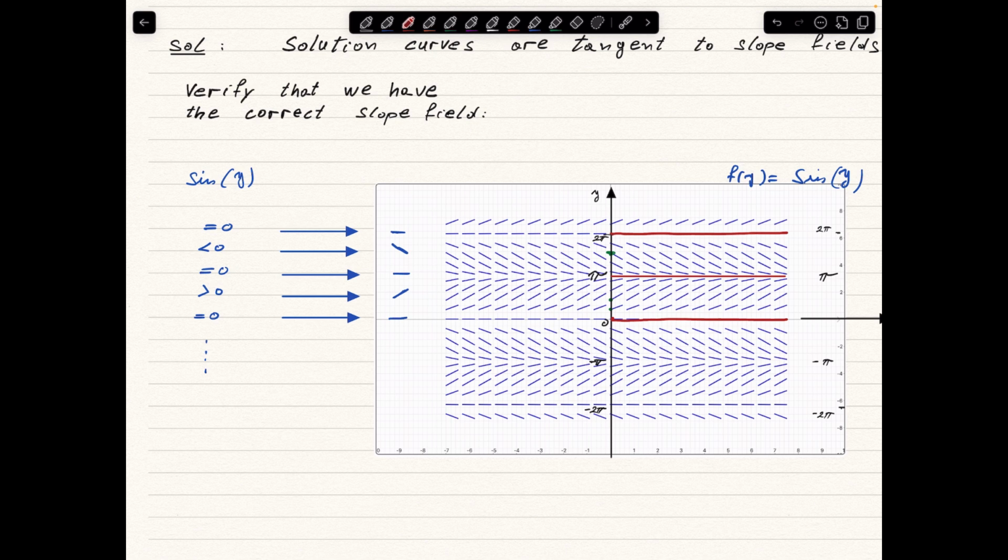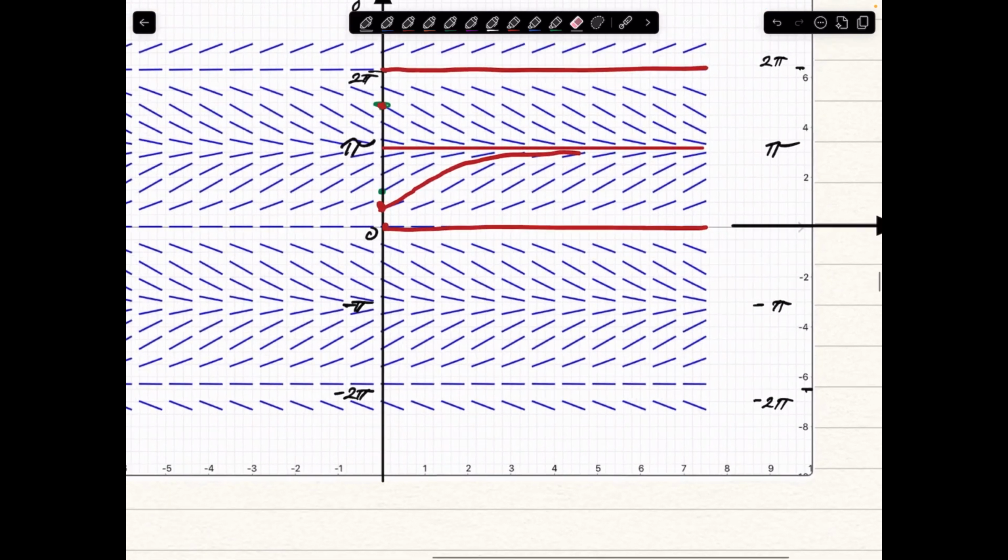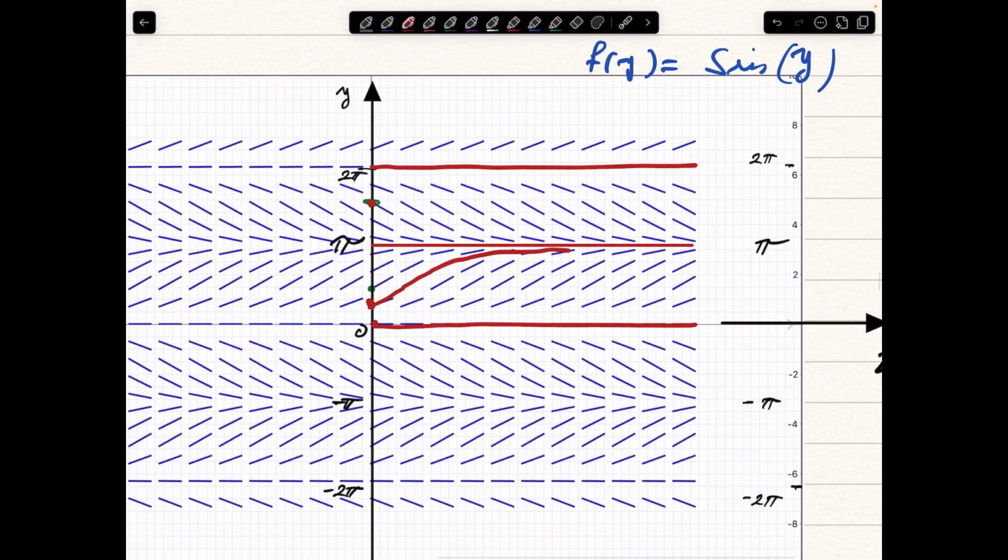But the solution for this initial condition is something like this, and then something like that. They cannot cross the other solution. We are going to see it doesn't cross here. We are going to see later on that this is actually a general property. Let's zoom in so we can see it a little better.